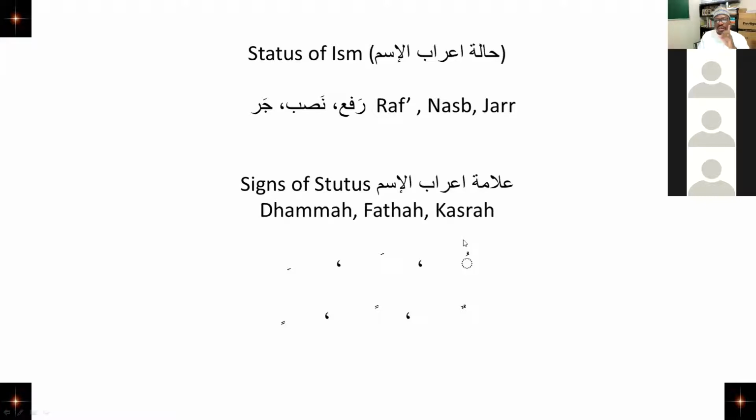So the signs, the Dhamma, Fatha, Kisra, are signs for Rafa, Nasb, Jar, but they are not the same. So if you are the king, you wear the crown.